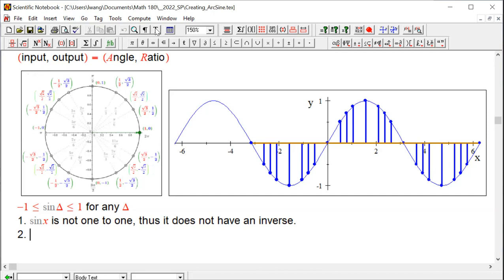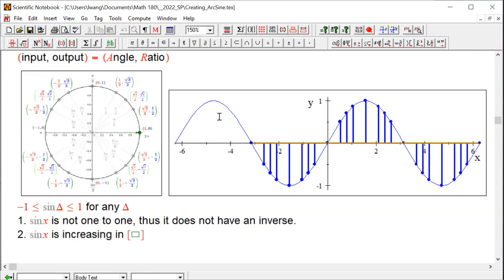We can say sine x is increasing. In which interval? We have to specify the interval.